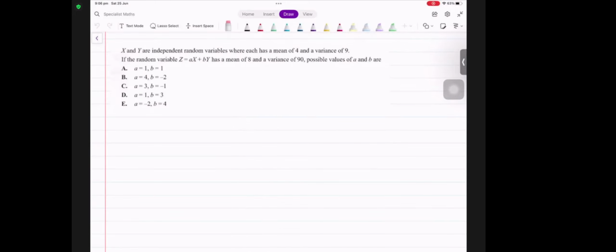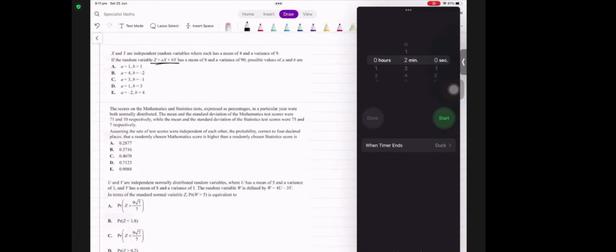So, all independent variables, that's where you have to do x1 plus x2, etc.